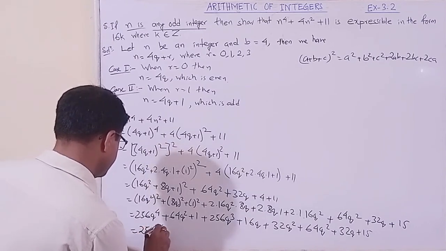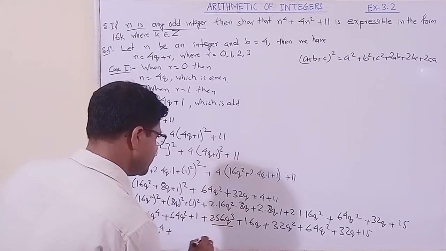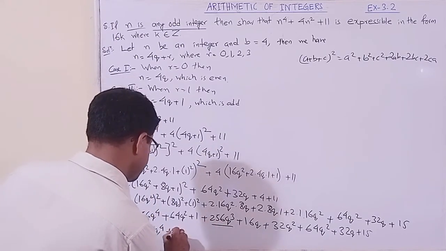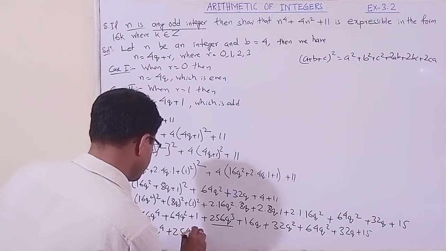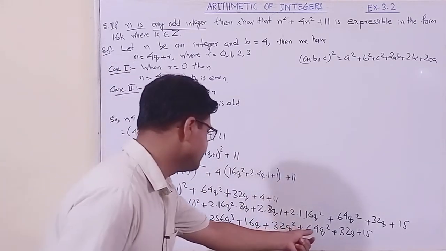256q to the power 4 plus next is q cube, 256q cube. The terms containing q square are 64, 64 and 32.